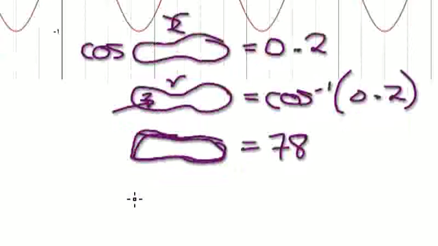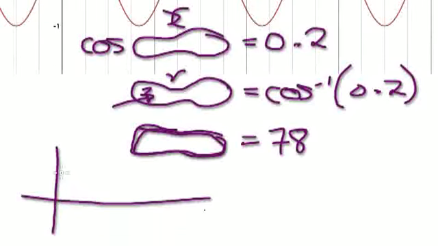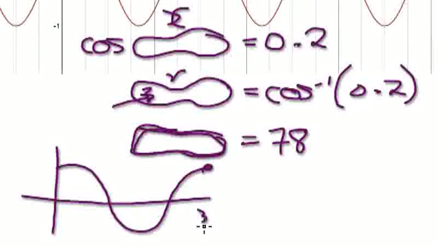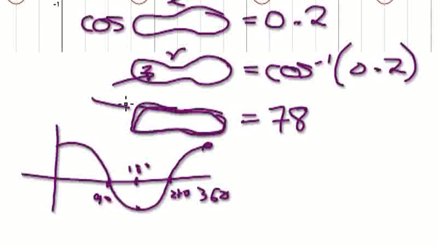Now you can imagine this as our cos of x. This bit here is 360, this is 180, this is 90, not to scale, and this is 270. So you can imagine this bubble equaling 78, around here.